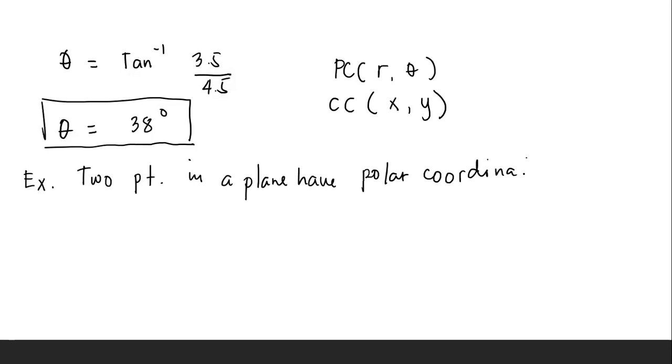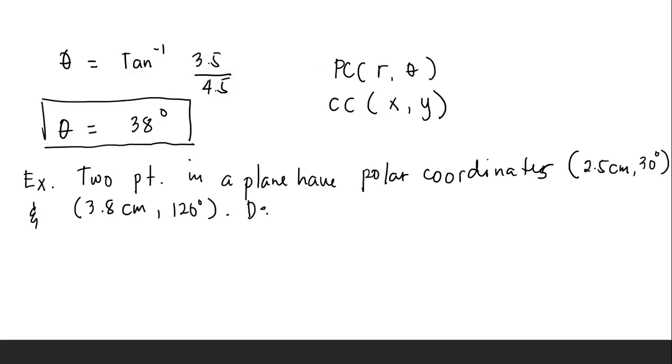Now, polar coordinates is 2.5 centimeter and 30 degrees. And the other point is 3.8 centimeter and 120 degrees.